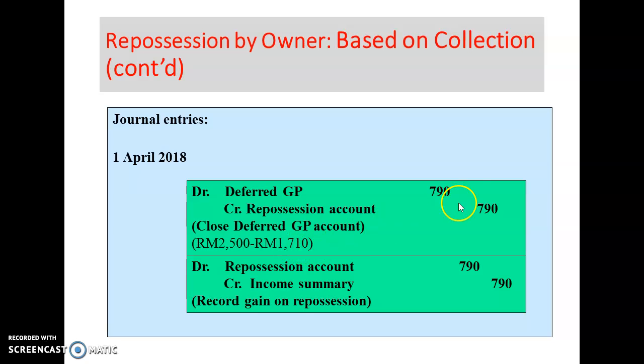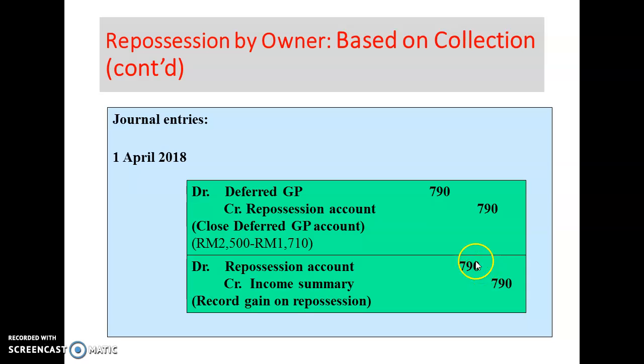Therefore, the balance of 790 is not yet recognized, right? So now we're going to recognize it. So we debit deferred gross profit, we close this account, and we transfer this gross profit to the repossession account. So the repossession account now has another entry.